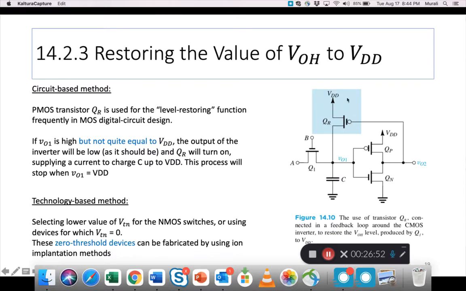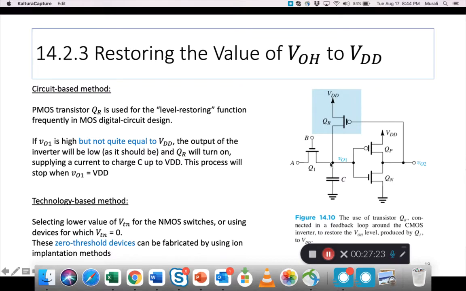If you stick a PMOS device, now this is our NMOS switch. It is connected, let's say in this case, to a regular CMOS inverter. So from the output of this inverter, if you put a feedback path like this shown, then you can achieve this.